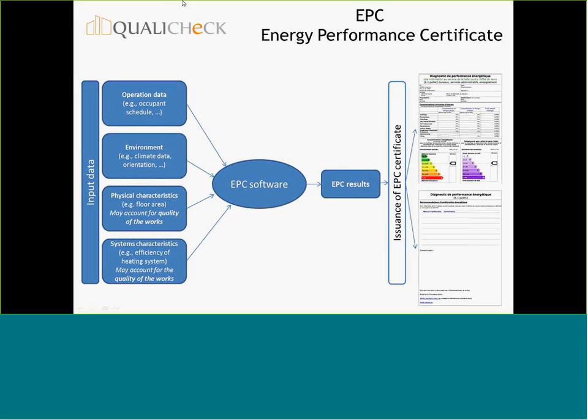And the number and level of details of the input data depends on the complexity of the calculation method and can vary according to the country, the building type, the fact that the building is new or existing for some time, etc.